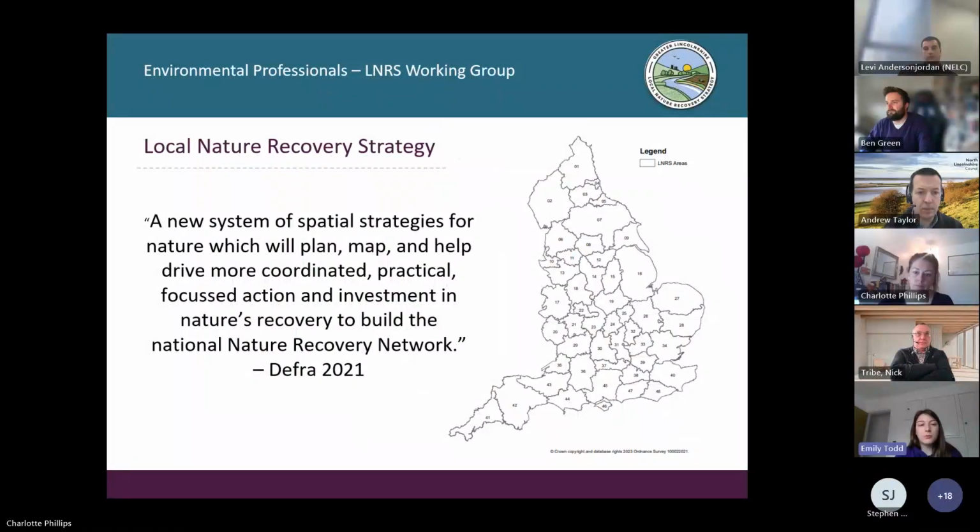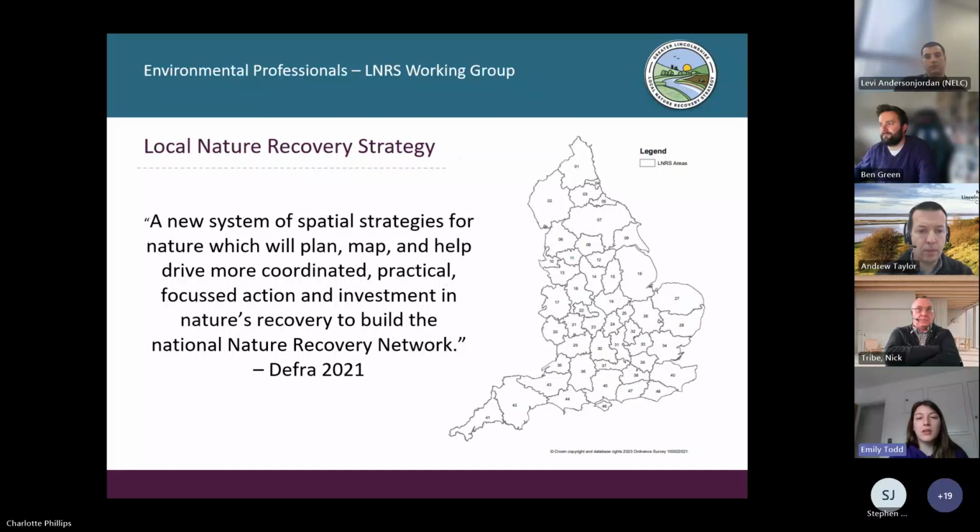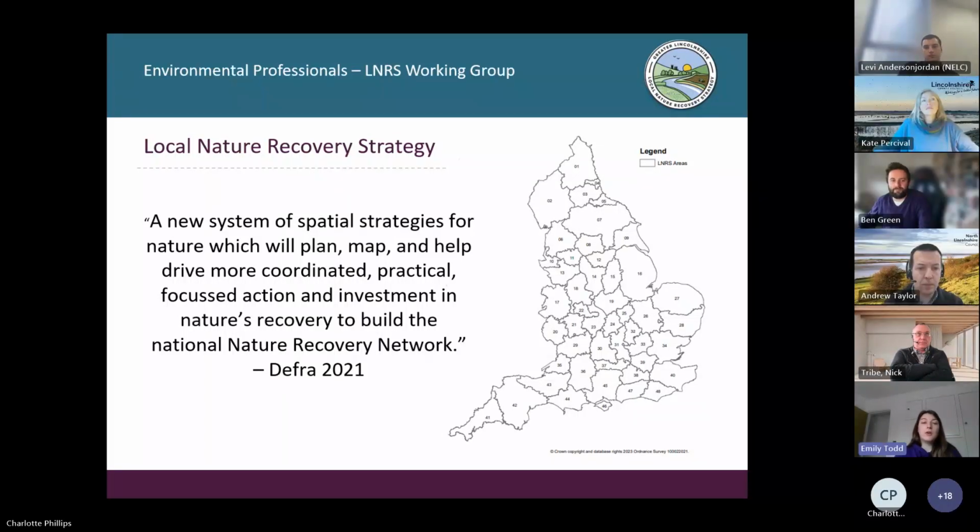So local nature recovery strategies are a new system of spatial planning tools, which will be used to help nature recovery across England. There are 48 different areas at county level, but some cover a couple of different county areas.